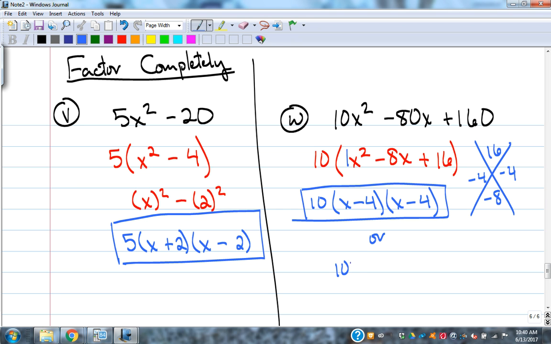You also might see that written as x minus 4 squared. That's the same thing. X minus 4 squared or x minus 4 times x minus 4. Those are the same answer. So keep that in mind. And I didn't have to do grouping again because there was a 1 in front of x squared after I pulled out the GCF.